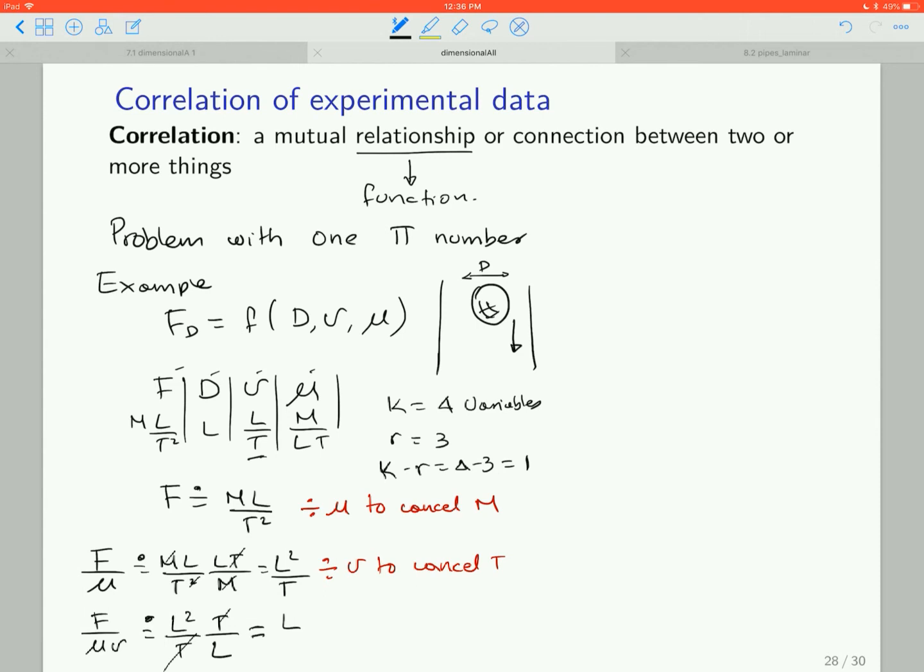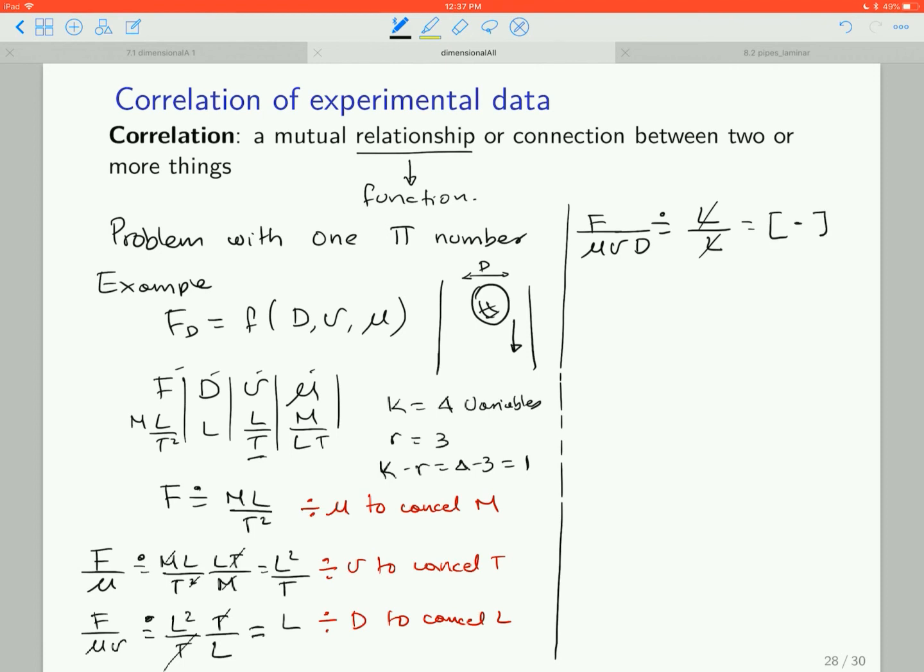So now finally we have to cancel L. So we have to divide by D to cancel L. So we have F divided by mu V D, and the dimensions are going to be L over L, and so finally these two cancel, so we have a dimensionless number.